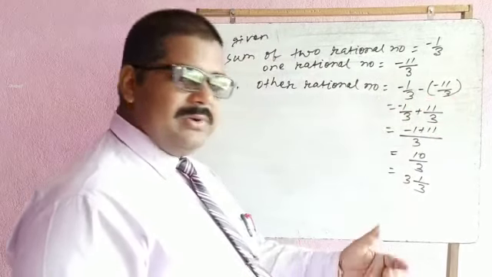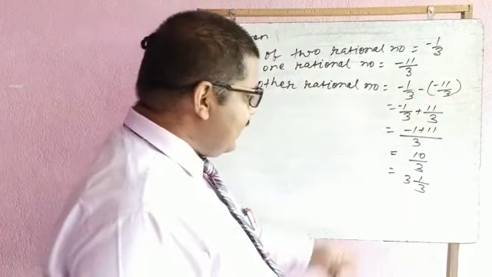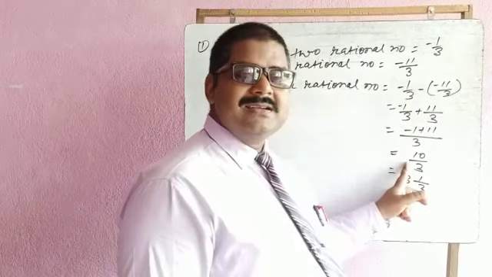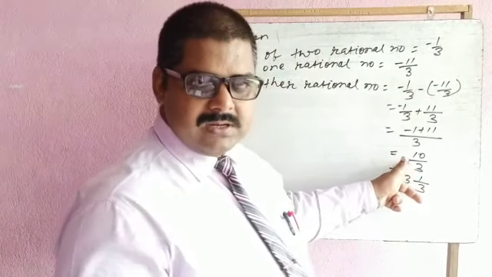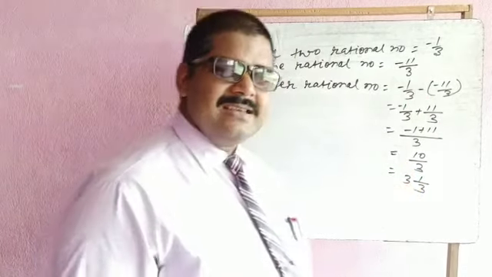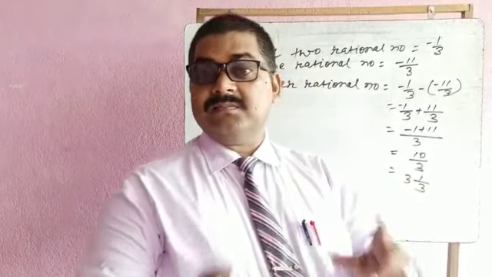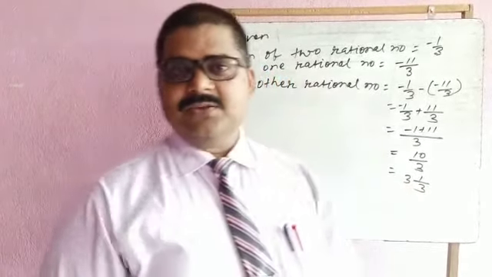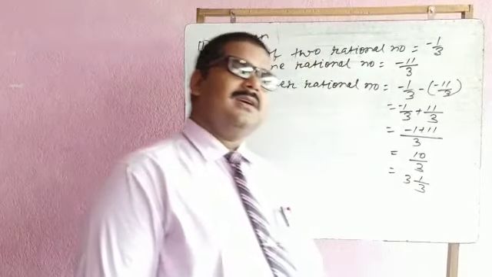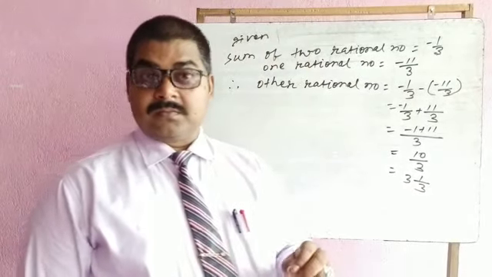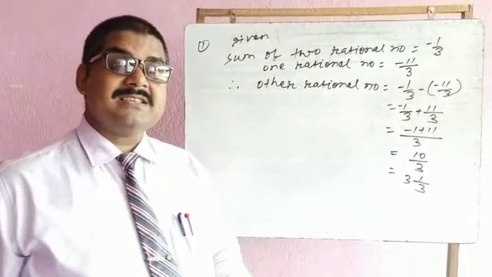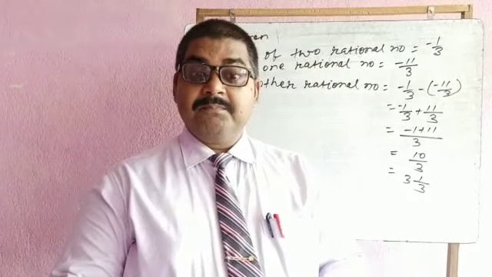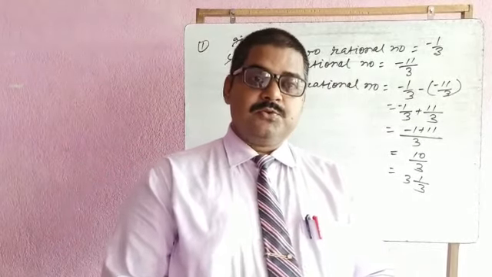On doing the calculation, you find the result is 10 upon 3, and it can easily be converted into a mixed fraction. Don't forget to convert an improper fraction into a mixed fraction. That is a very good habit when solving questions.